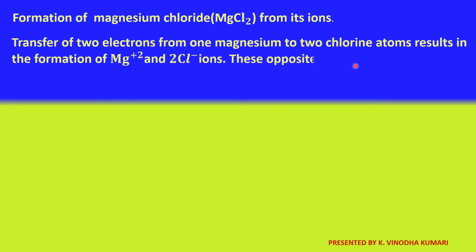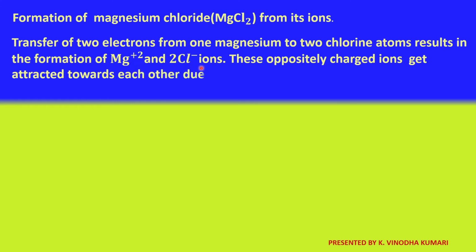So these oppositely charged ions get attracted towards each other due to electrostatic forces and form the compound magnesium chloride.